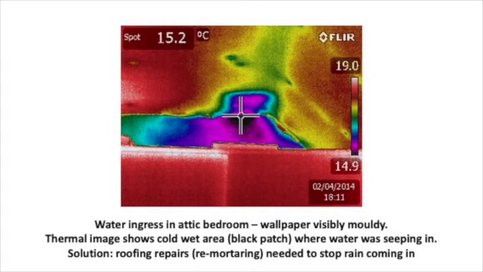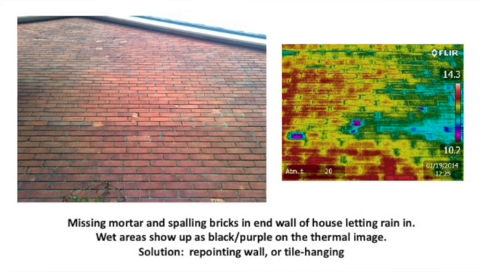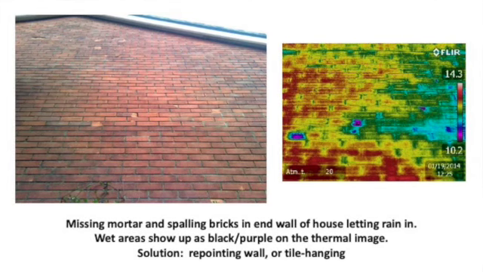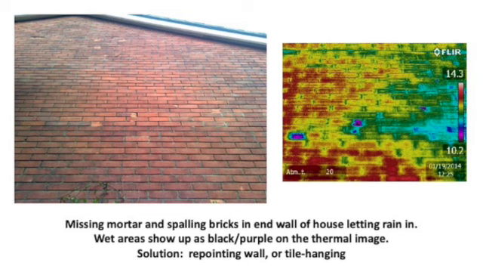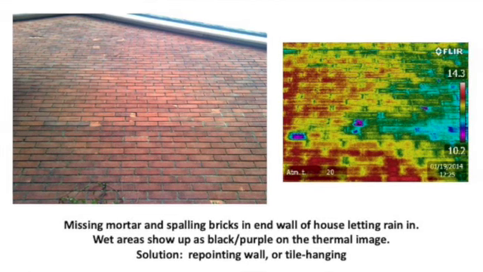The leak was probably caused by cracked or missing mortar under the edging tiles on the gable end. This was another water ingress problem. This time the thermal images of the outside of a house show purple areas where water has got into the fabric of the wall because mortar is missing, and the bricks have then cracked or spalled after being exposed to frosty conditions.